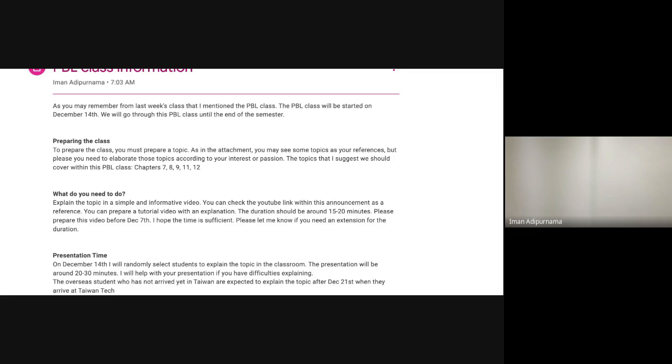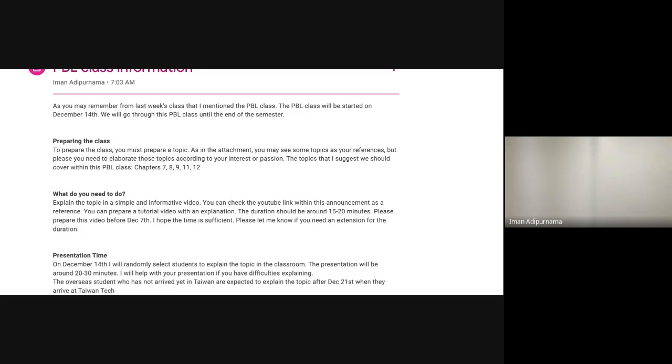And what do you need to do? You need to explain the topic. Because there are more than 5 students, maybe 10 or 11, and this is only 5 topics, the idea is if you choose one topic, you need to specify what kind of subject for that topic.